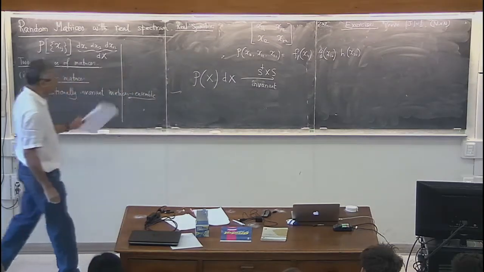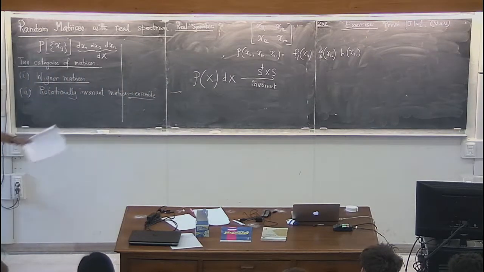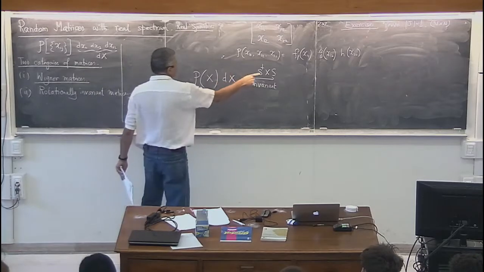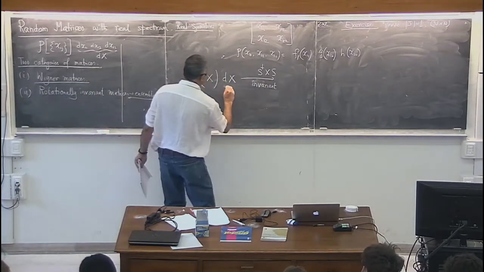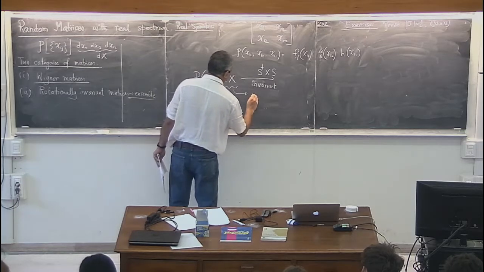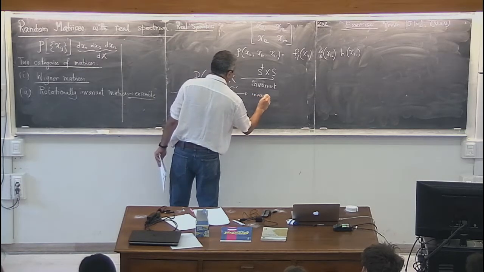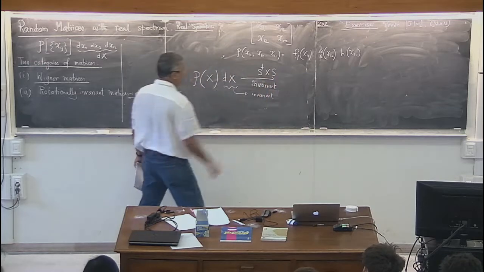Okay, so these are the rotational invariant matrices. Now we have seen already that this volume element does not change under the similarity transformation. So this part is already invariant. We have seen that already.